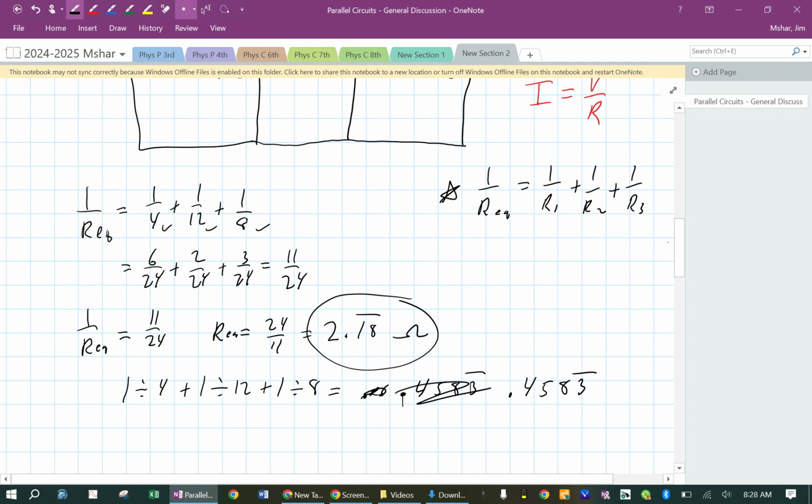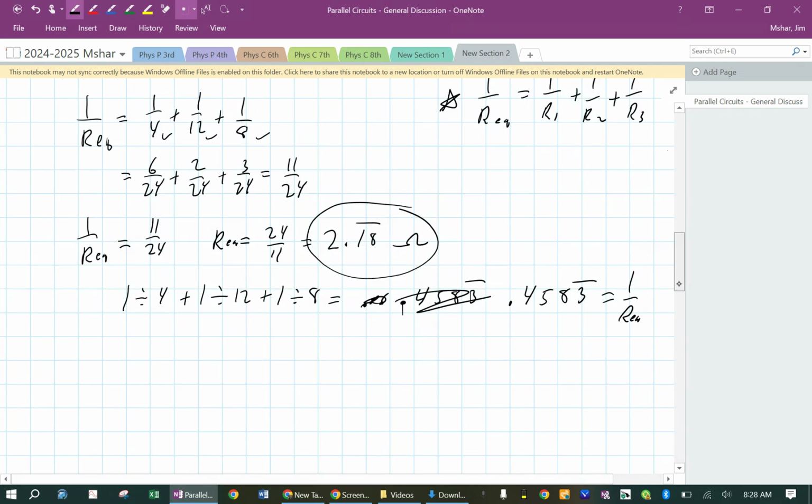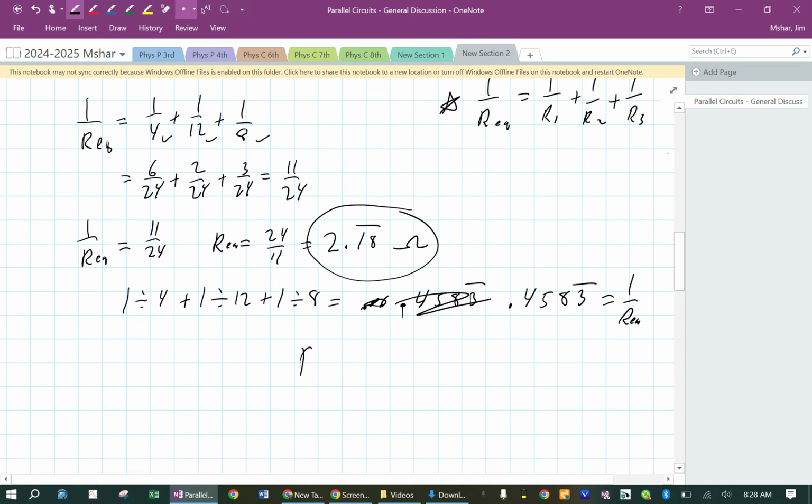Okay, and then you still do the same thing. That's 1 over REQ. So you have to remember to flip that. So in your calculator, REQ would be 1 divided by 0.4583 repeating. And if you do that, you're going to get your 2.18 with the 18 repeating.